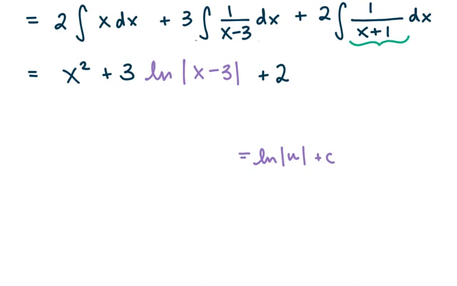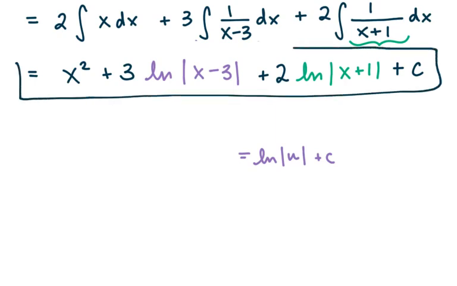This last piece here, again, when I do my u substitution, it's going to be very similar. I've got the natural log of the absolute value of x plus 1. And of course, all those 3 arbitrary constants add up and give us a singular arbitrary constant. So in this video, we had to do a little bit of long division before we could decompose our partial fractions.